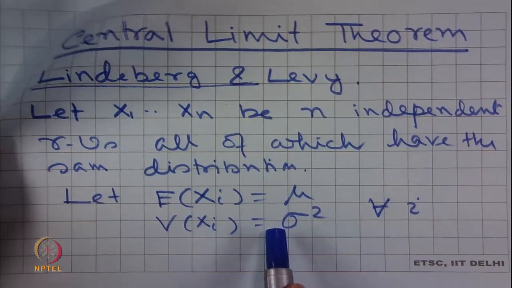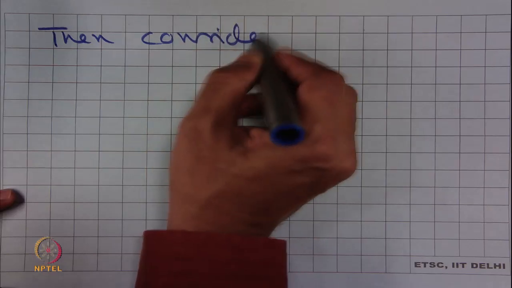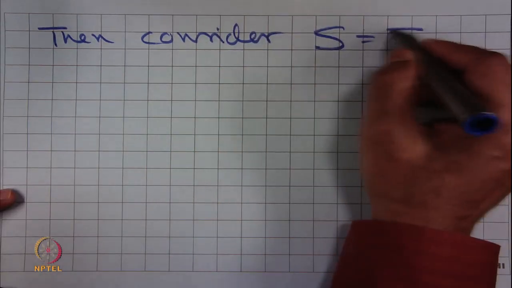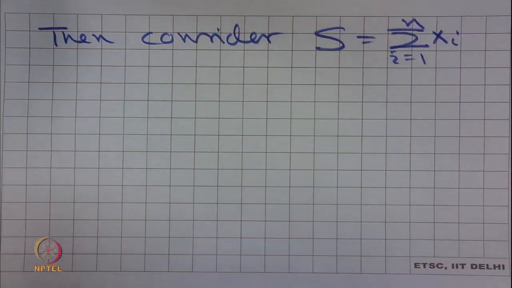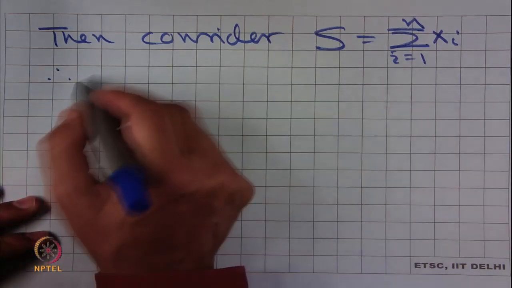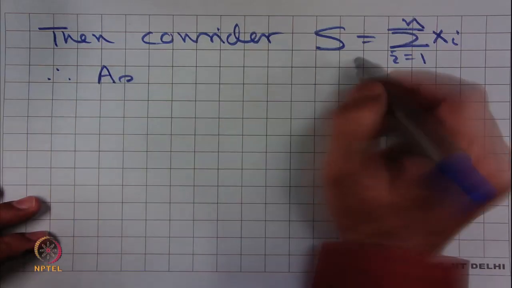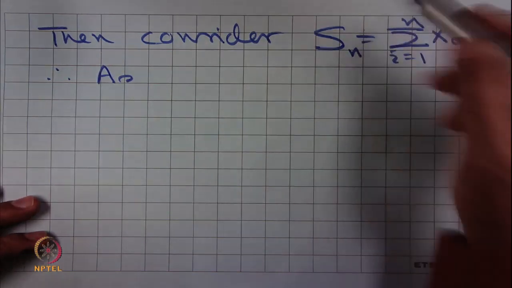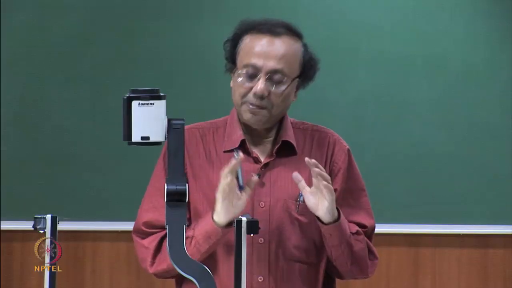Then consider S equal to sigma x i, i equal to 1 to n. Let me call it S n. What is S n? S n is the sum of n samples.